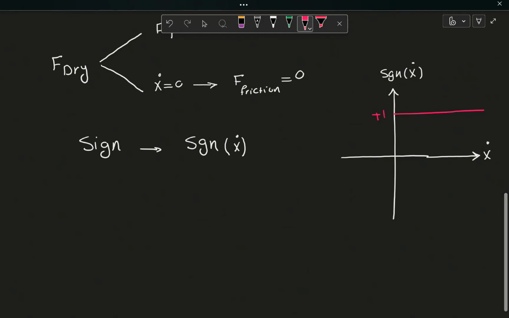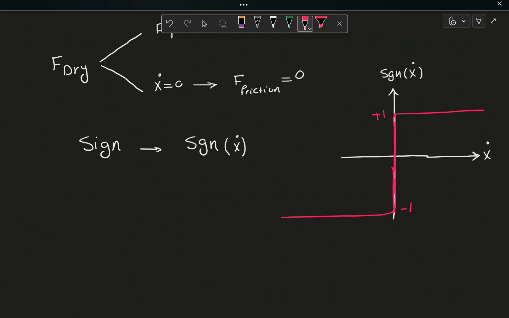Whenever you're on the right side of the SGN axis, the vertical axis, x dot is positive, and the value of SGN is always 1. Whenever the velocity is negative, the value of SGN is negative 1. And whenever the velocity is 0, which means that you are here, the value of SGN is always 0.